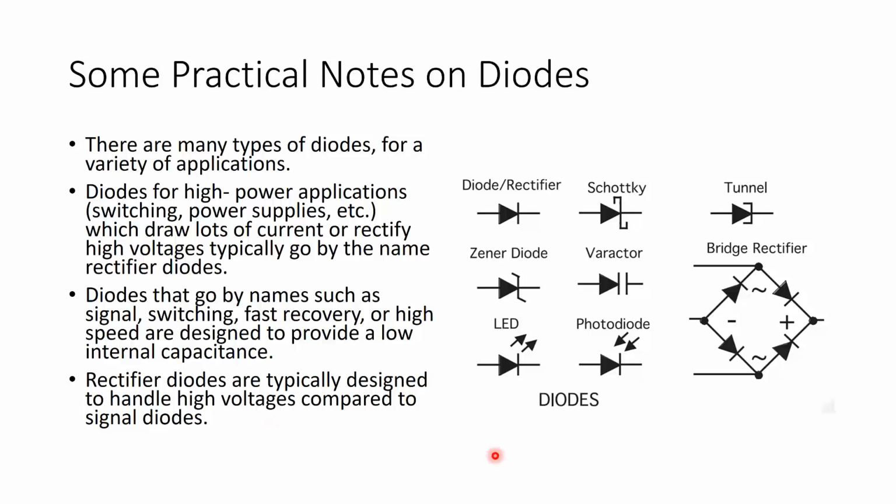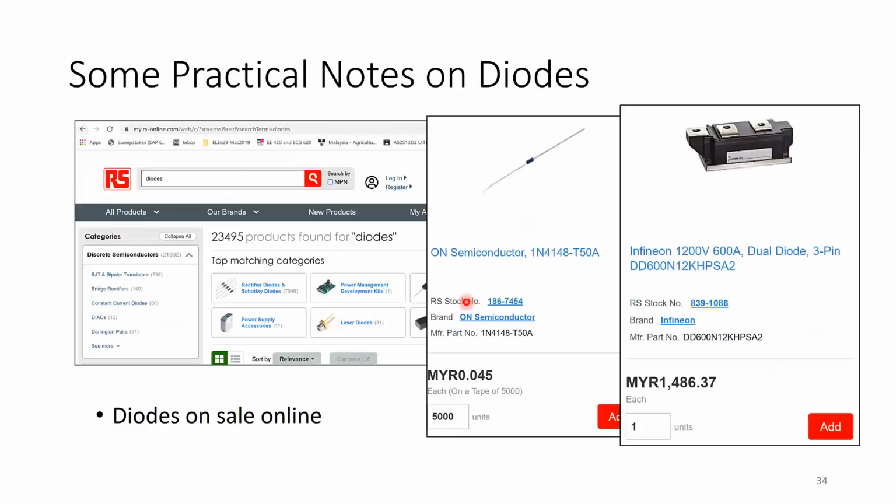Before we go off, some practical notes on diodes. You can look at diodes that are sold online. I've included here a picture which I've taken from RS Online Malaysia.